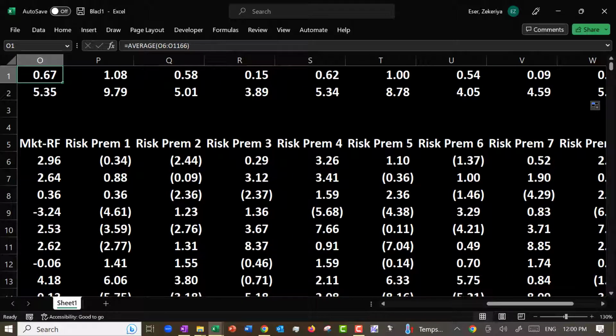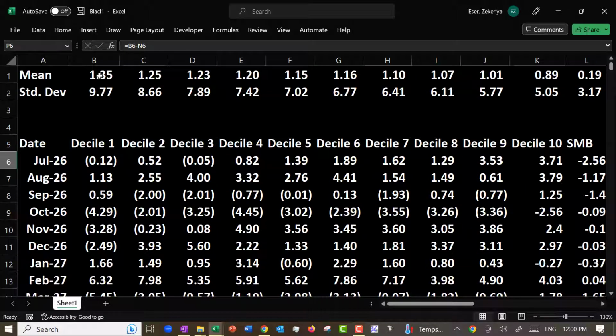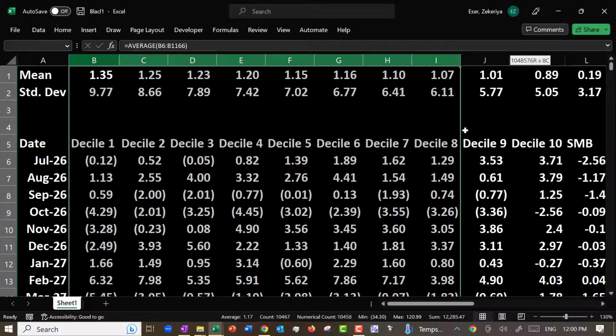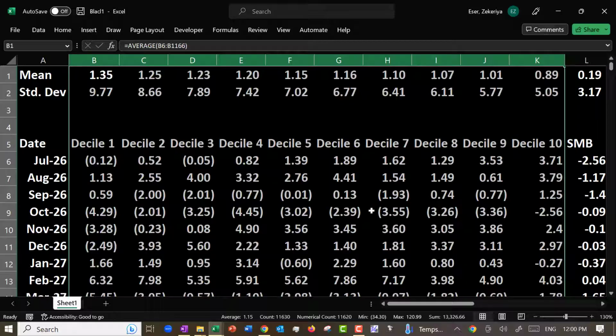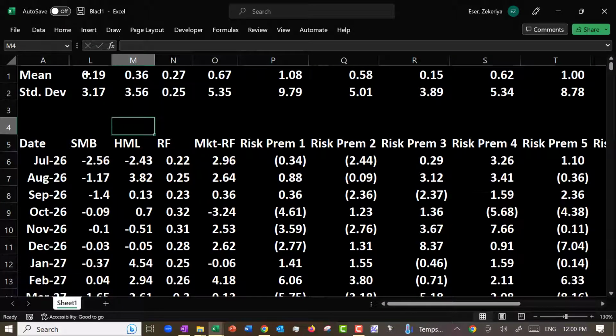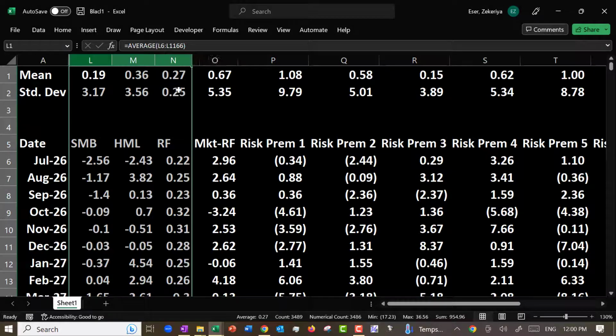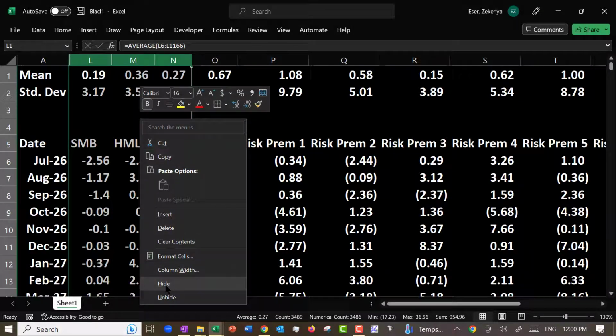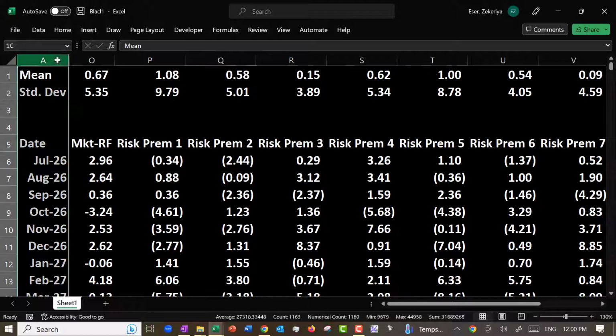Since I don't need these raw returns anymore, I'm going to hide those columns because I want to see stuff. And at this point, I don't want to see them either. You could always select the columns around the hidden stuff and hit unhide, okay?